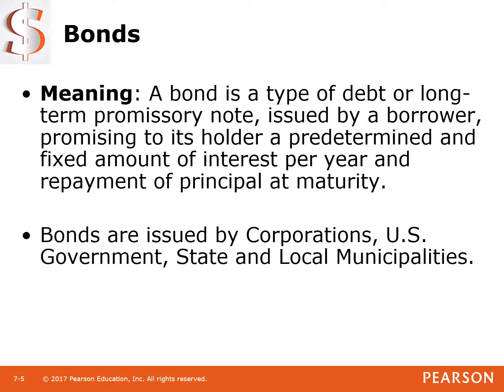So before we even get into how to value it, sometimes people have a hard time with that term bond. So a bond is basically a company or a governmental unit asking the public to borrow money. So to the company or the government, it is a liability.